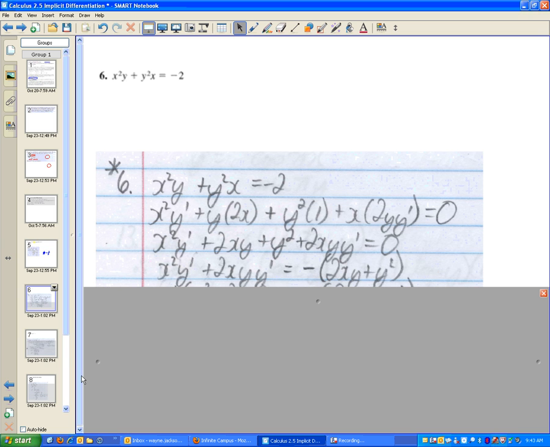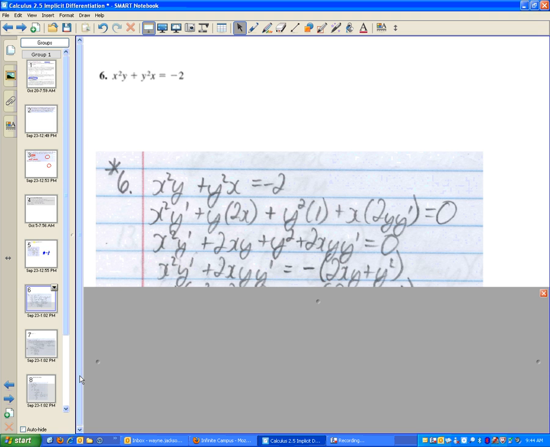Now, on the left side, what I'd like to do is combine like terms, right? Back in good old Algebra 1 days, if you had a 3x plus 4x on the left, you'd add them together and get a 7x. Well, we'd like to do that with our y prime terms, but we can't because they're not like terms.